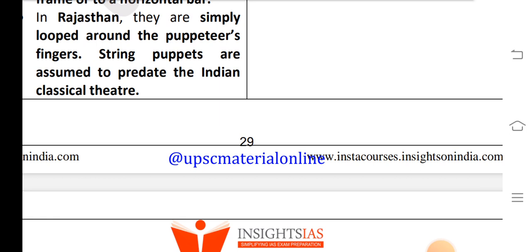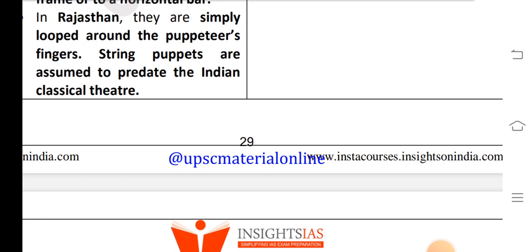A puppet is manipulated by strings, usually 5 to 7, attached to a rectangular wooden control. In Odisha, the ends of the strings are tied to a rectangular wooden frame or to a horizontal bar. In Rajasthan, they are simply looped around the puppeteer's fingers.